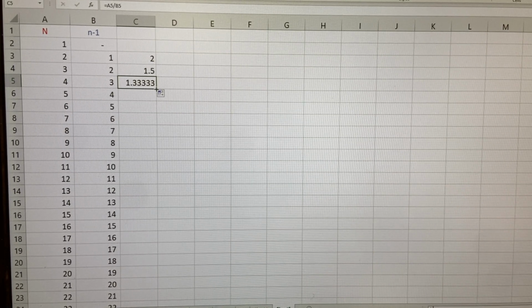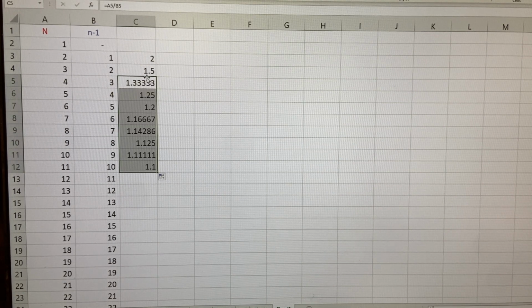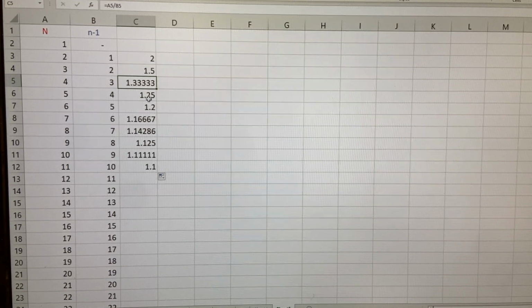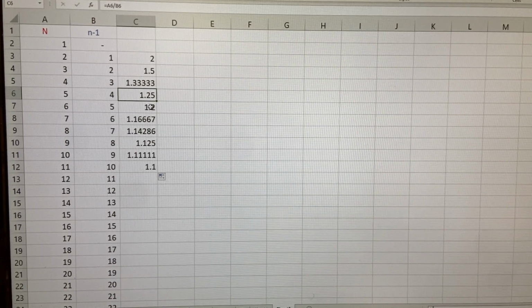I can keep copying the formula down. So you can see that the standard deviation on the sample size is boosted here by, say, this is 33% more than 100%, this is 25% more than 100%, 20%, 16%, 14%, I'm just looking at the decimal number, 12.5% more than 1 or 100%.